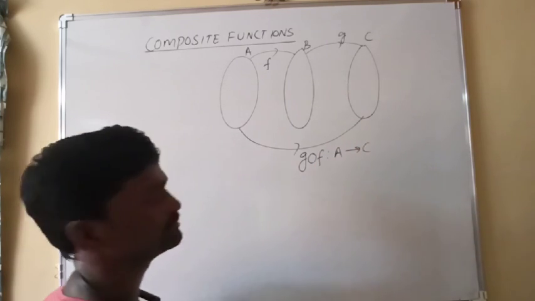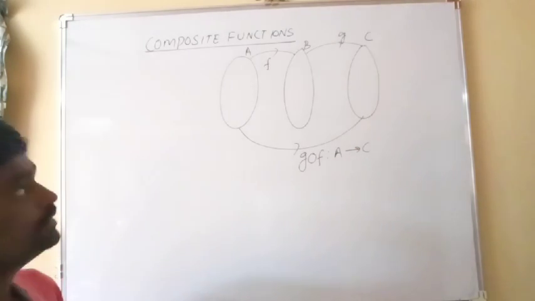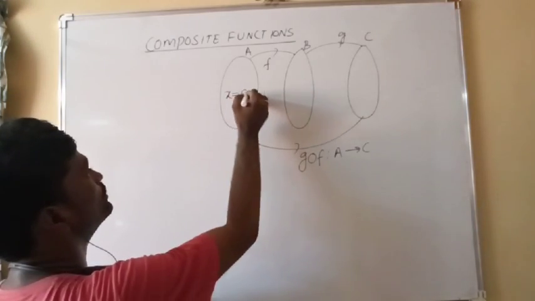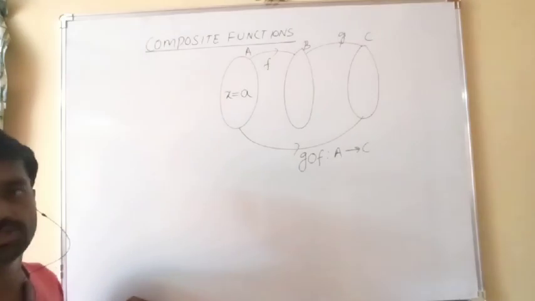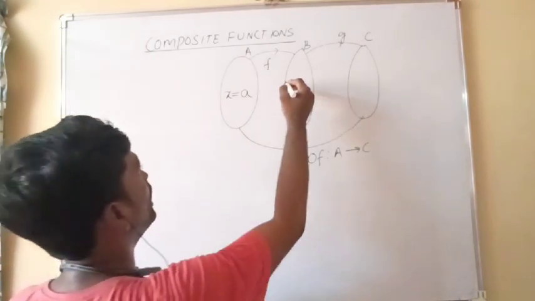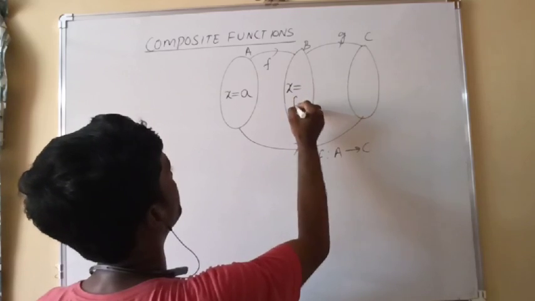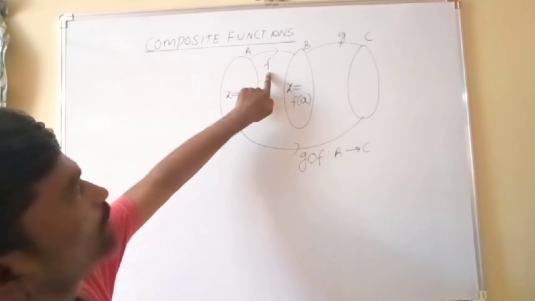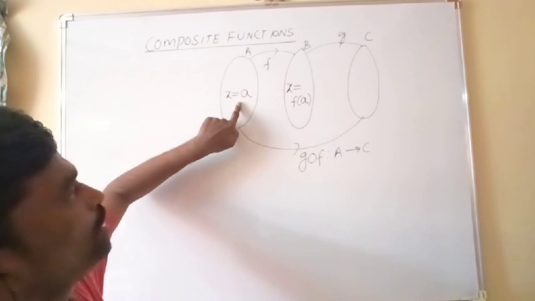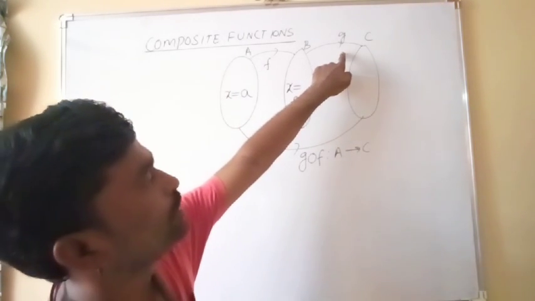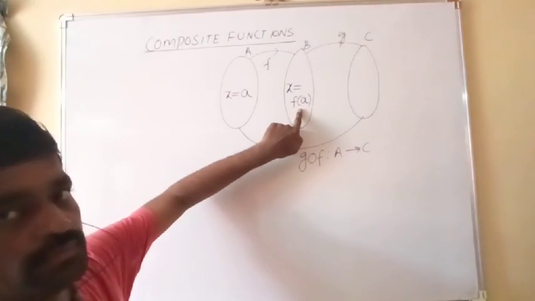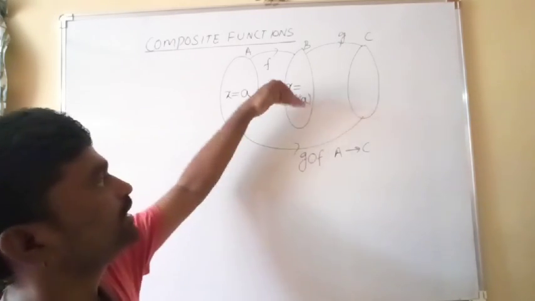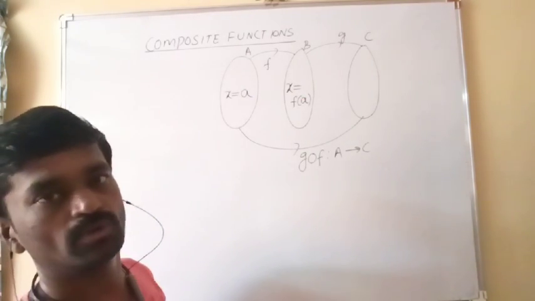A to C. Next, if f is continuous at x is equal to a, and if g is continuous at x is equal to f of a, because in the domain of g, an element in the form of f of a, because this is the codomain for a, correct? So if I take an element, it is in the form of f of a.